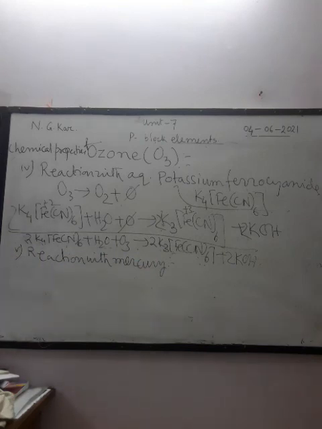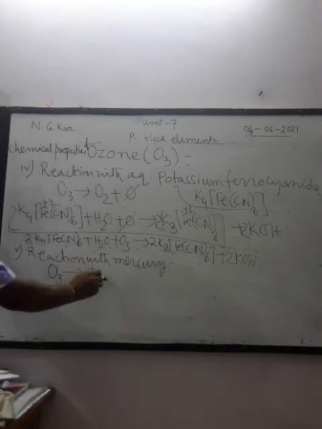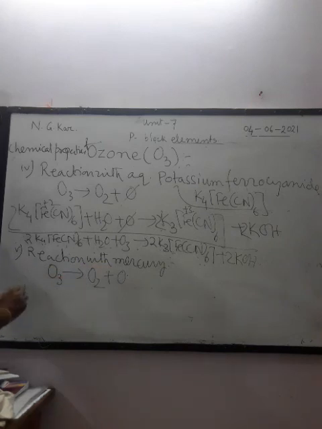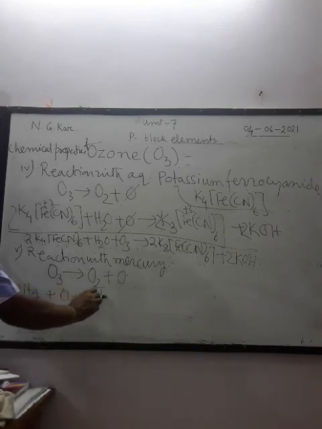Next, reaction number 5 is reaction with mercury. In this case also, like the previous 4 reactions, ozone decomposes to O2 and atomic oxygen, and mercury, Hg, reacts with O, forming mercurous oxide.